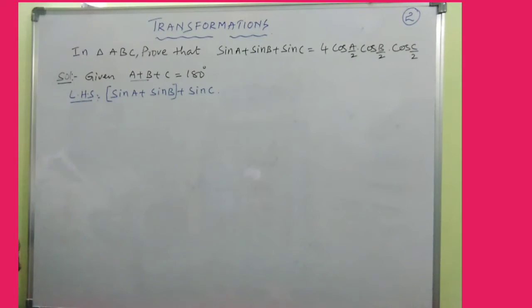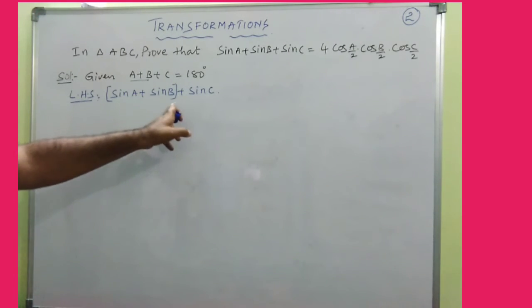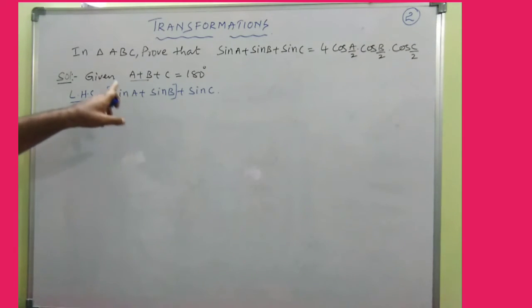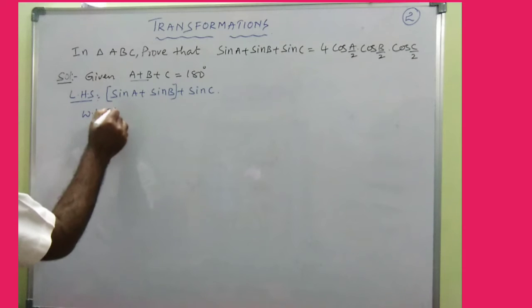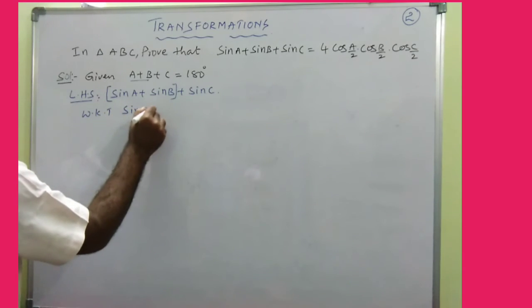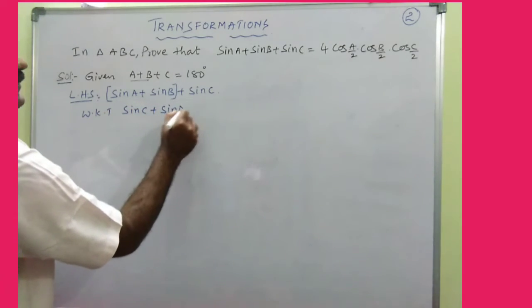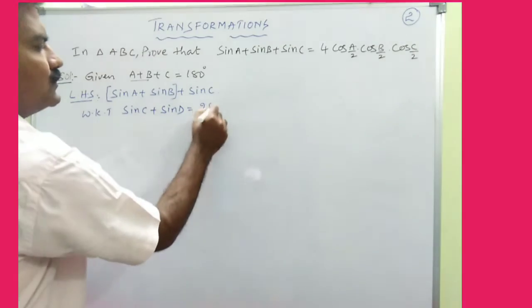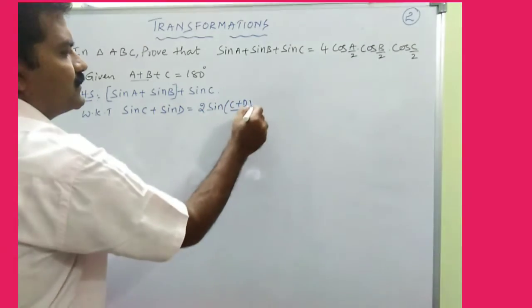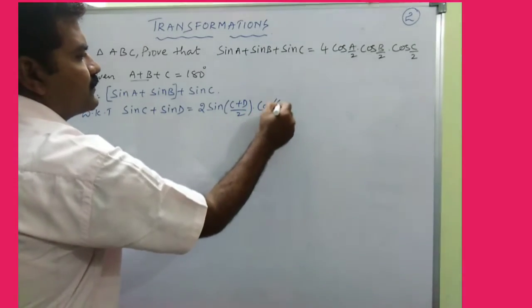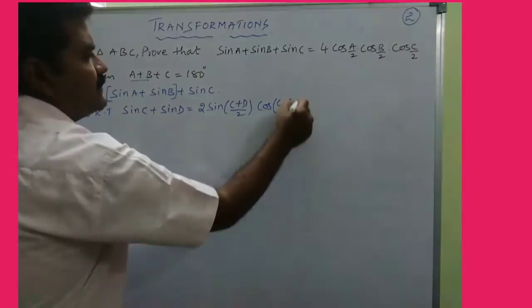Let me go again with the first and second. You can also try the second and third, or the first and last. So once again this is in the form sin C plus sin D, which is equal to 2 sin of (C plus D)/2 into cos of (C minus D)/2.